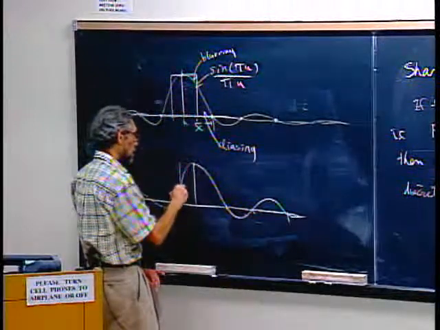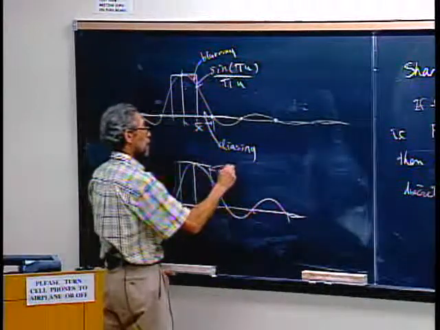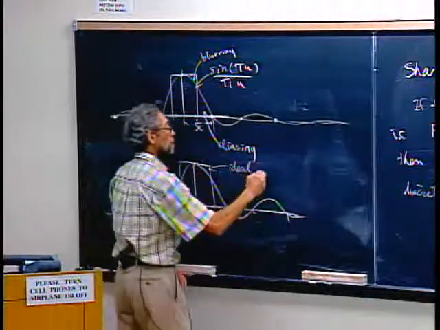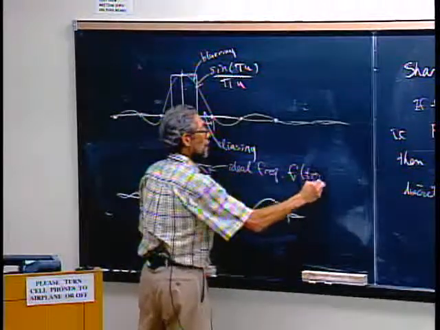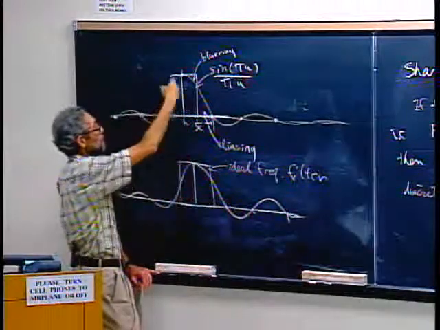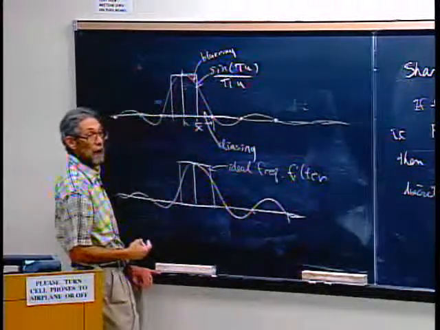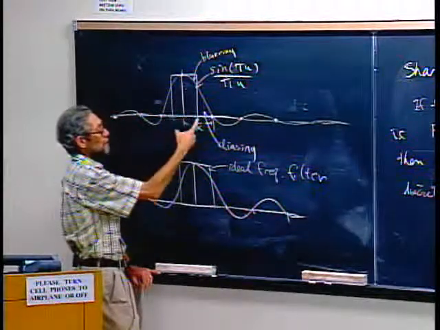Now, if we look at the ideal frequency filter, it has this sinc function to be integrated by, and instead we just want to integrate everything from minus a half to plus a half.